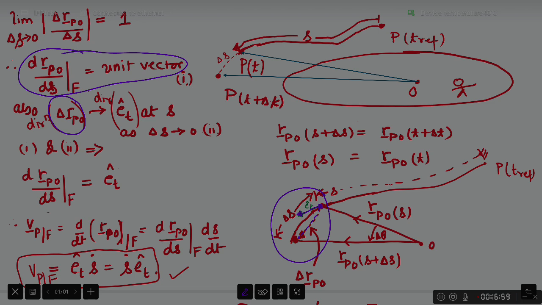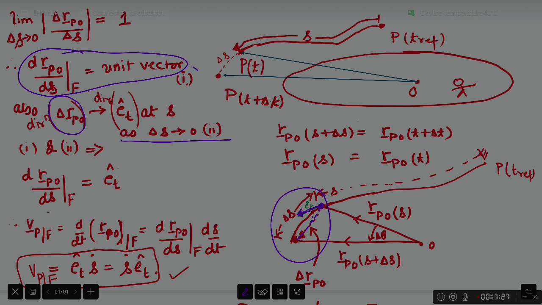I repeat, as delta S goes to 0, the direction of the delta RPO vector will become more and more aligned to the local tangent vector at this location. This is my second conclusion. As delta S goes to 0, the direction of delta RPO will become the direction of eT itself.